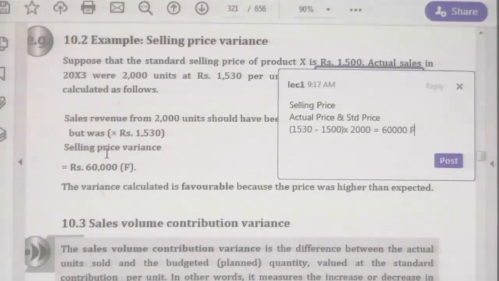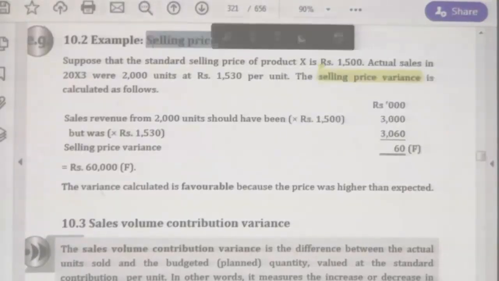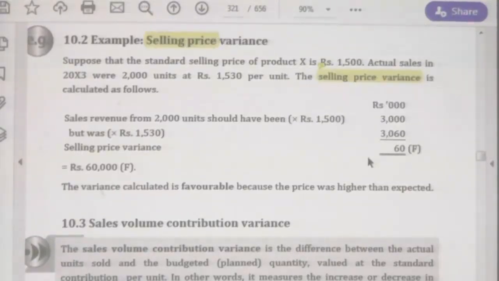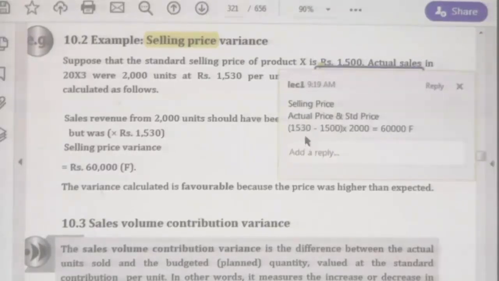Now you know how to calculate selling price variance. Take actual price, take standard price, see the difference of the price. An increase is favorable, a decrease is an adverse effect. Multiplied by the actual quantity, you get the sales price variance, which focuses on the change in the price.